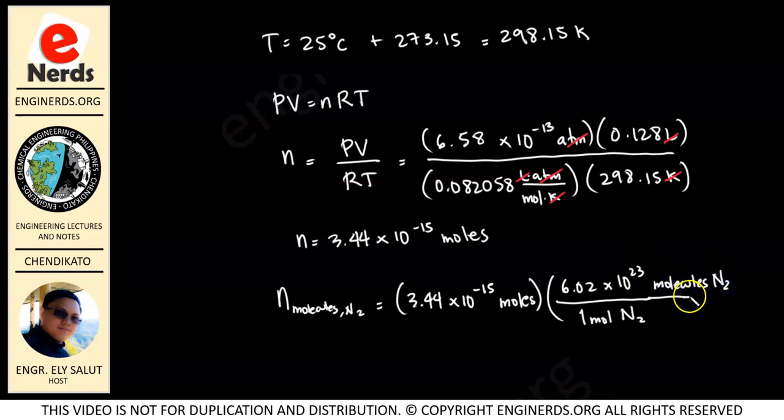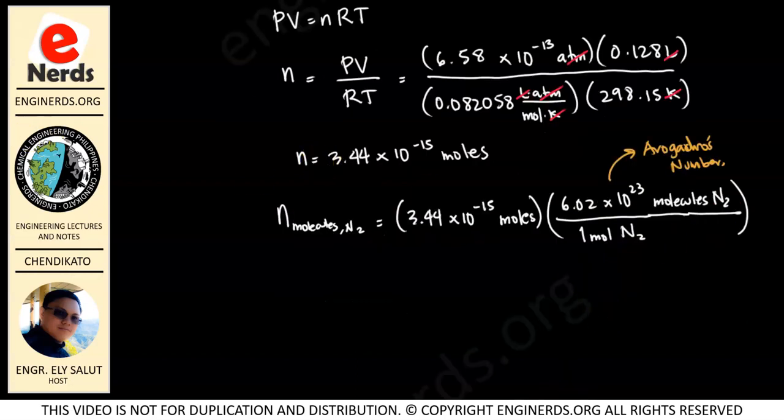Okay, do not be surprised where this came from, no? This is Avogadro's number. You will use this to get the number of molecules of N2, because our number of moles will be cancelled out.